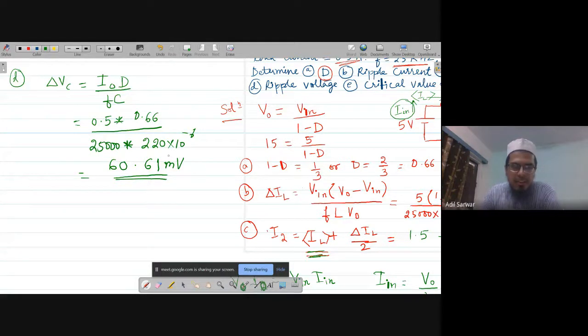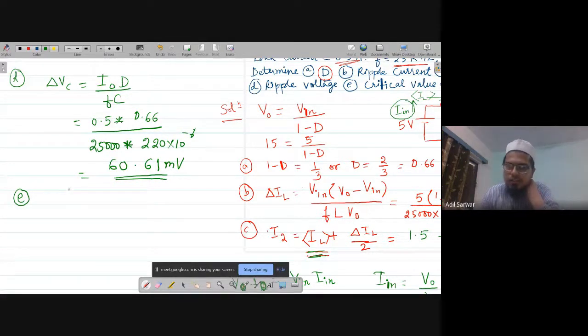Fine. So let's now see the fifth part. The fifth part is related to the critical value of the inductance L and C. So what is meant by critical value?